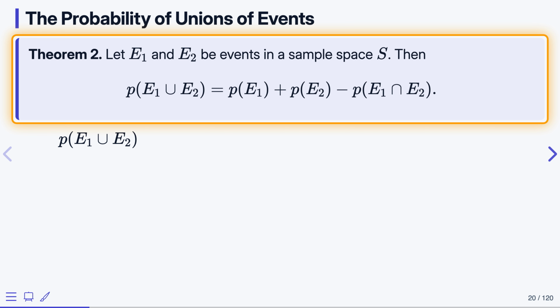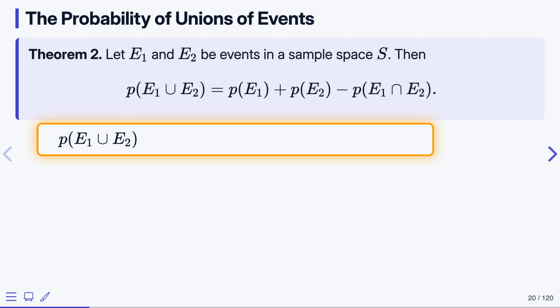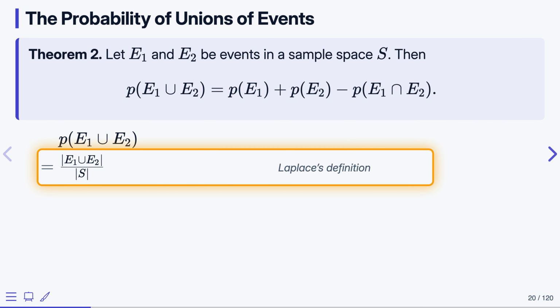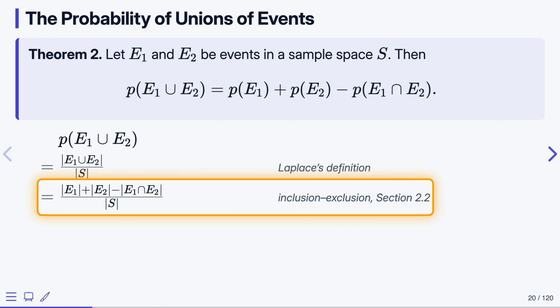Now the rule for a union, that is, for E1 or E2. Theorem 2 tells us how to find it. We start with the probability of the union. By Laplace's definition, that is the size of the union over the size of S. For the size of a union, we use inclusion and exclusion from section 2.2.